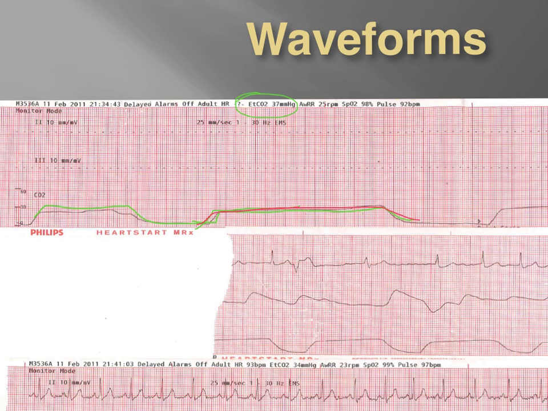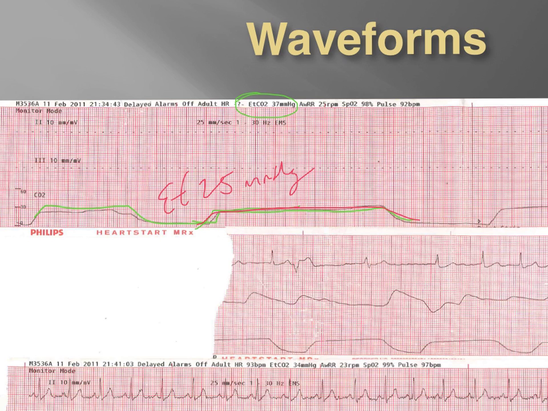These look a little bit low, and it's tough on this old tracing to know for sure. But I would gander to say that this end tidal at this point may be more like 25 millimeters of mercury. So it's important for us to look at the waveform first.